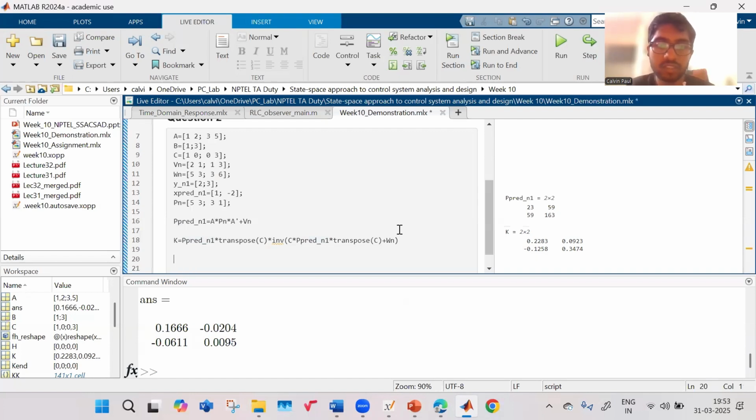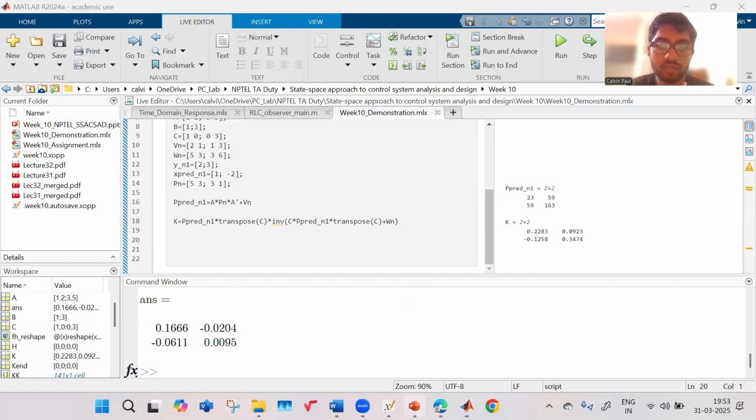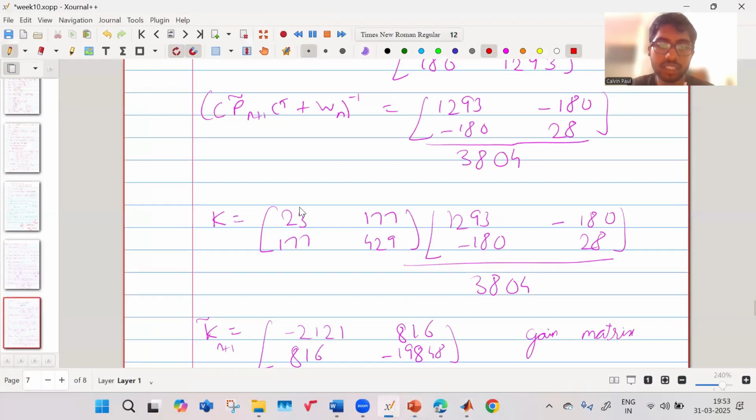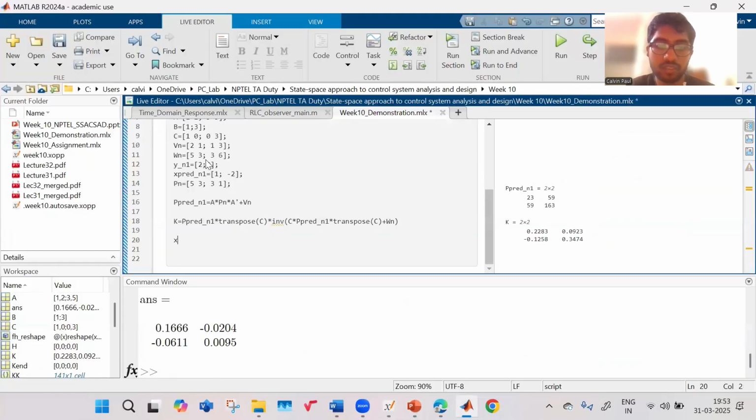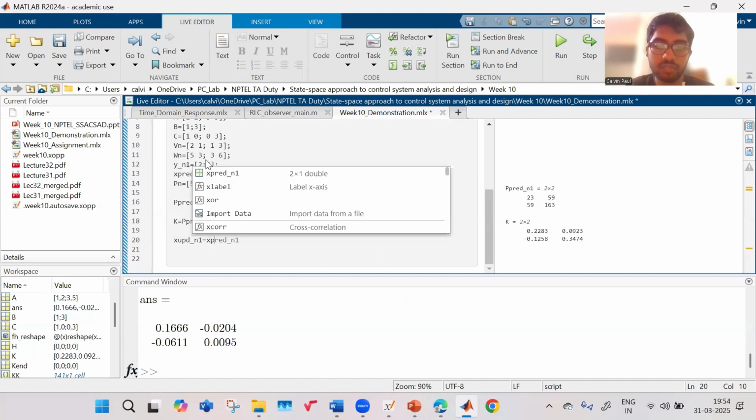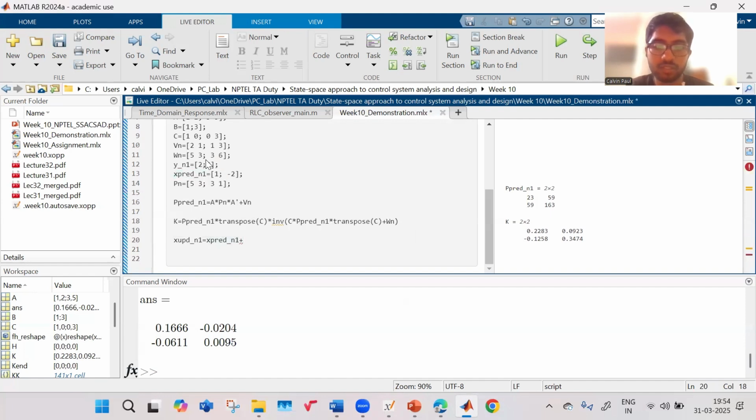Next we find the updated state. So updated state is what? X update n plus 1 is X predicted n plus 1 plus K into the measured one, that is Y n plus 1 minus C into X predicted n plus 1.